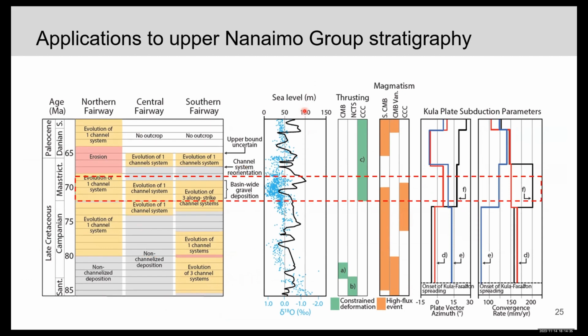When we look at this really big basin-wide gravel depositional phase, that occurs at the starting of the deformation of the very basement portion of the Coast Mountains batholith. And then this might also be driven partially by changes in subduction plate vector or convergence.